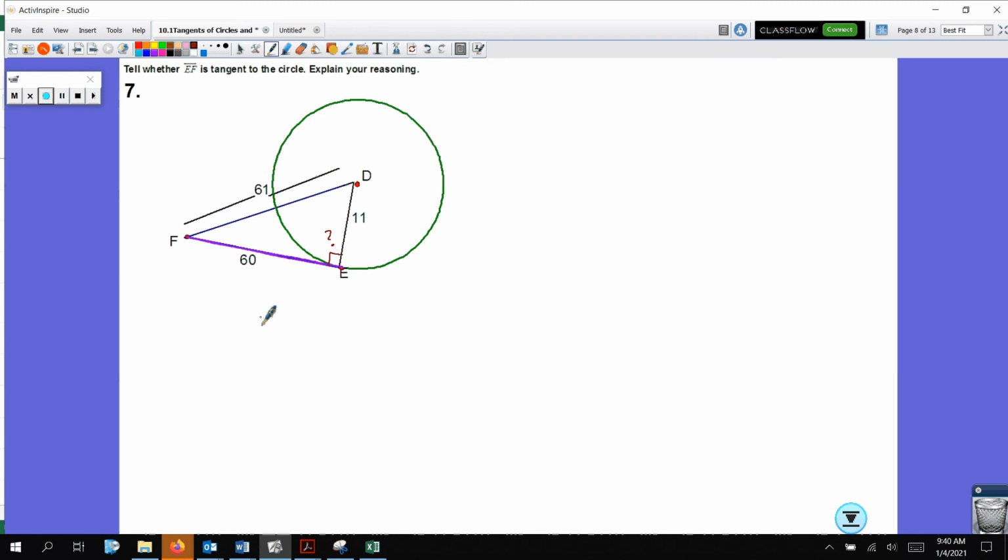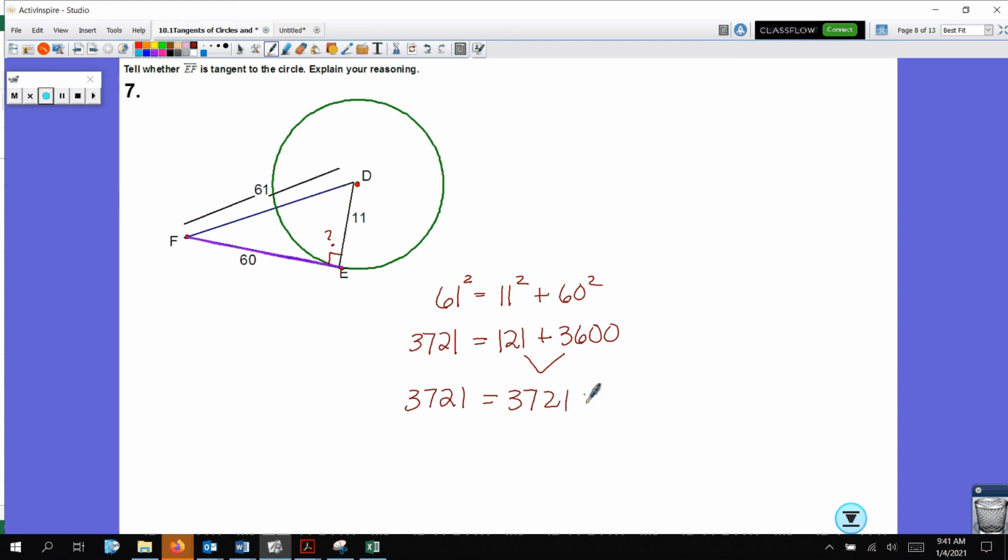Is 61 squared equal to 11 squared plus 60 squared? 61 squared is 3,721. 11 squared is 121. 60 squared is 3,600. When I add these two together, I get 3,721, which is what I have on the left side. So that is true.